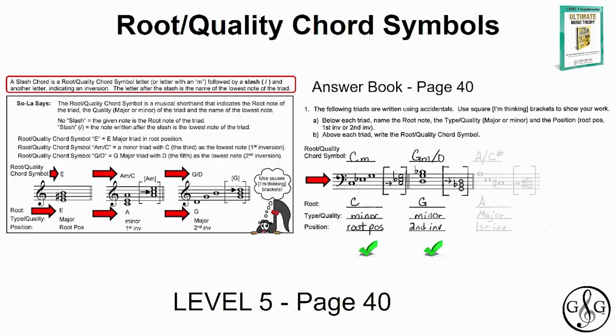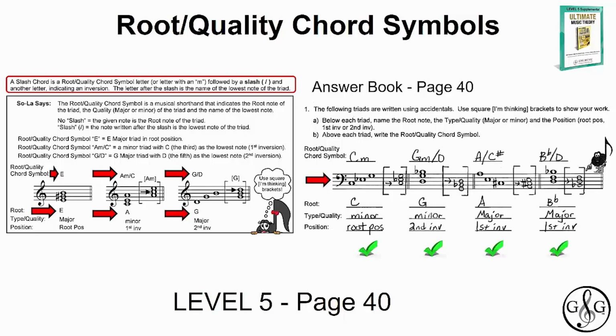So that makes it easy to identify G minor/D, A/C sharp, and B flat/D. So using the square I'm thinking brackets is absolutely the key to getting 100% on these, and the little arrows too. And in our workbooks, we've left lots of room so students can easily do these exercises as we've indicated.